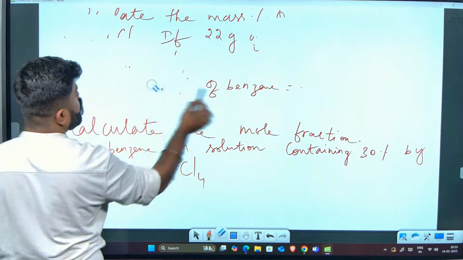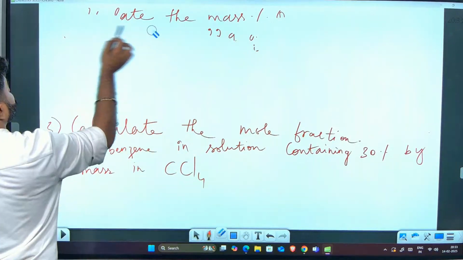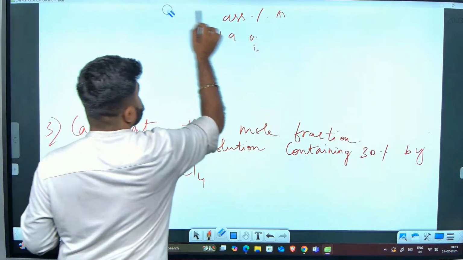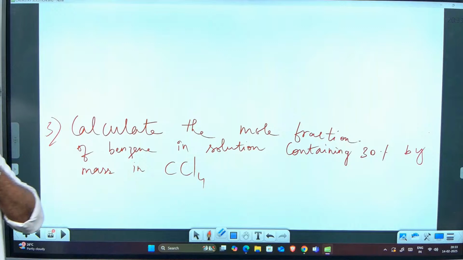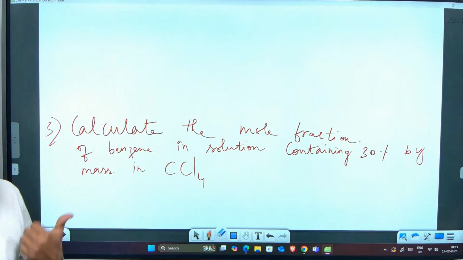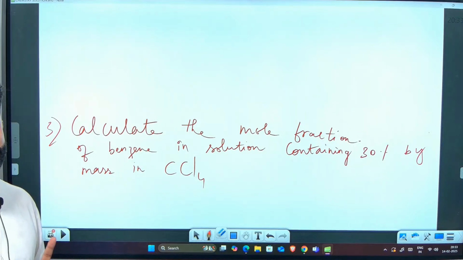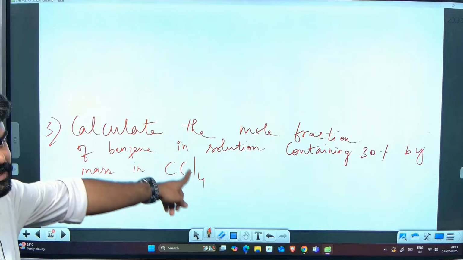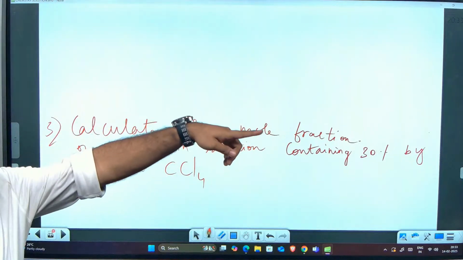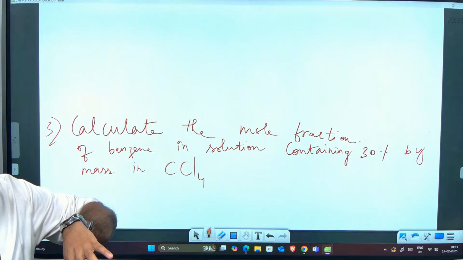Do it. You already have the molecular mass of CCl4, you can quickly pick it up. What you are calculating here is mole fraction, so look at the question carefully. Mole fraction of benzene is equal to number of moles of benzene divided by total number of moles of solution.